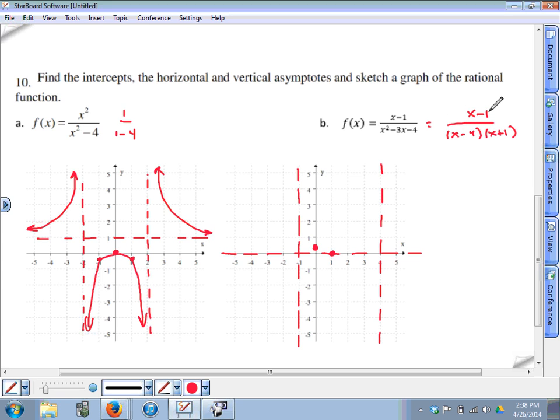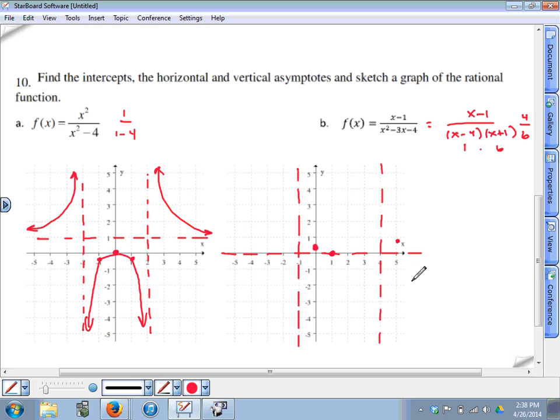So if x equals 5, for all of these x's, you end up with 4 divided by 5 minus 4 is 1, 5 plus 1 is 6, 1 times 6 is 6, you end up with 2/3. So when x equals 5, y is 2/3, which is about right here.